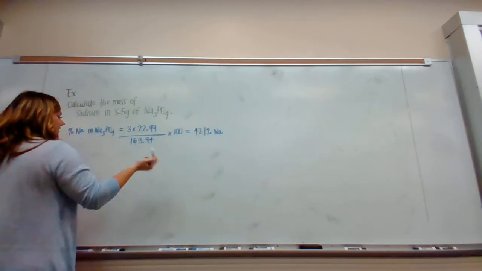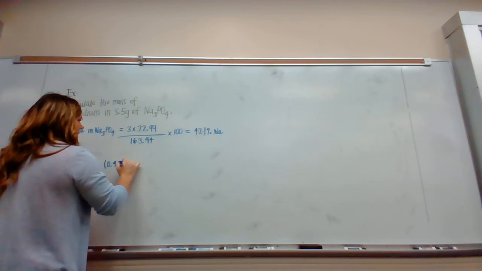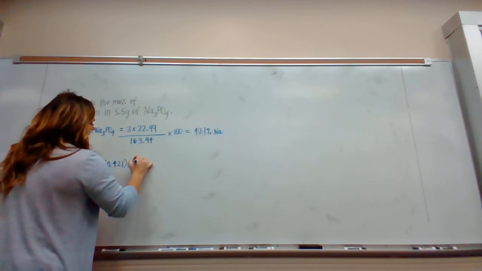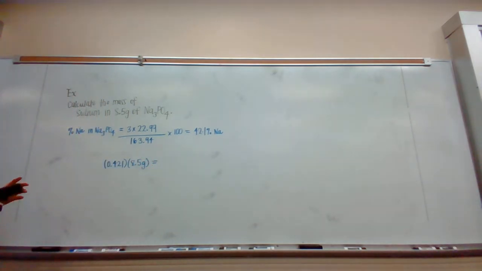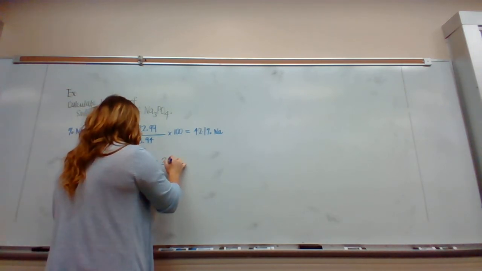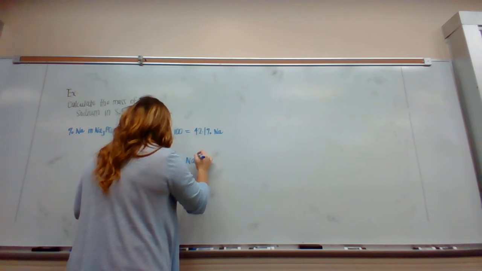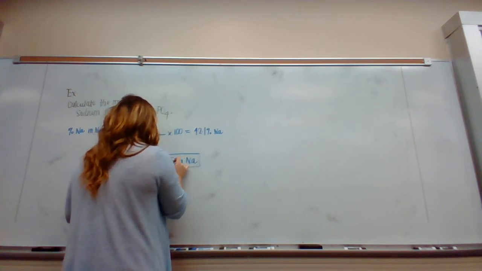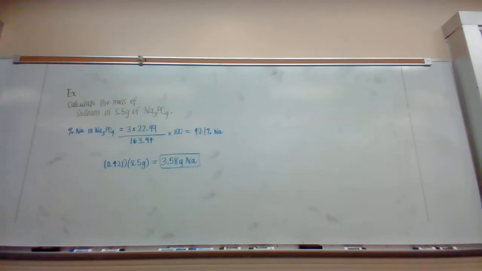You take your percent back to its decimal form, multiply it by the mass of your whole sample, and you get that out of that 8.5 gram sample, 3.58 grams is pure sodium.